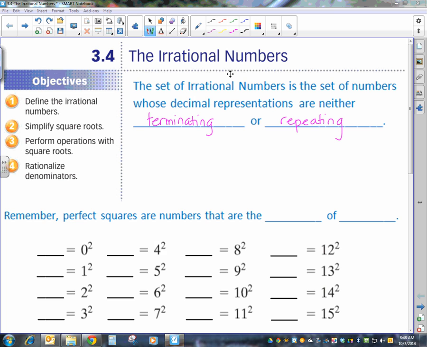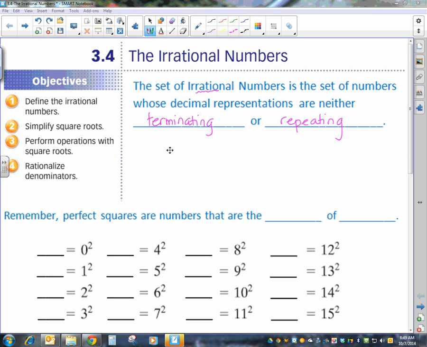Remember that rational numbers are any numbers that can be written as a ratio of two integers. So irrational numbers are those that cannot be written as a ratio of two integers. But sometimes it's easier to think about them as those decimals that neither terminate nor repeat.